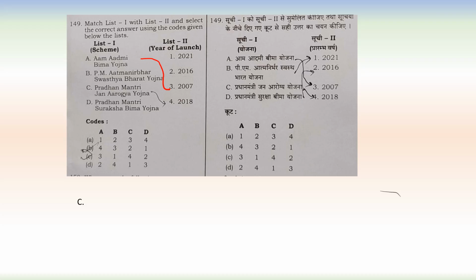PM Atmanirbhar Swasth Bharat Yojana came in 2021. Pradhan Mantri Jan Arogya Yojana came in 2018. Pradhan Mantri Suraksha Bima Yojana came in 2016. So in this way our answer is C. C is correct here.